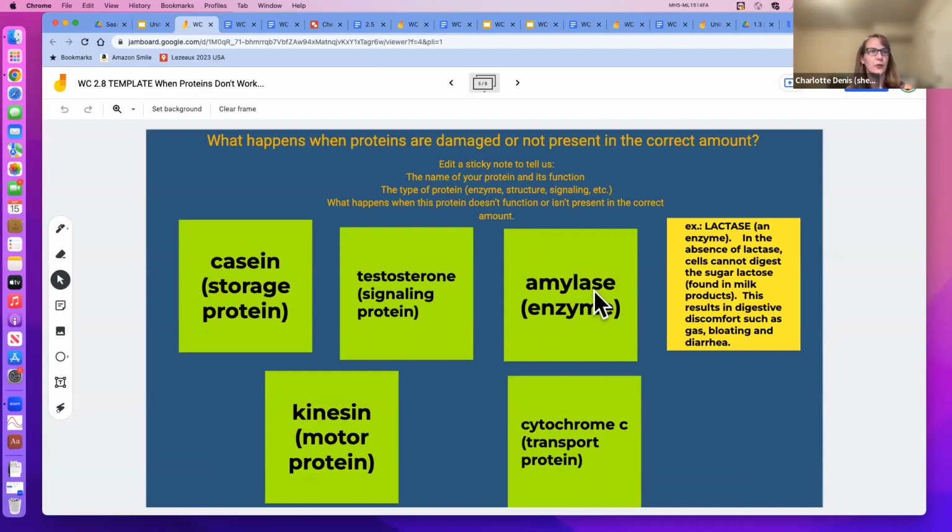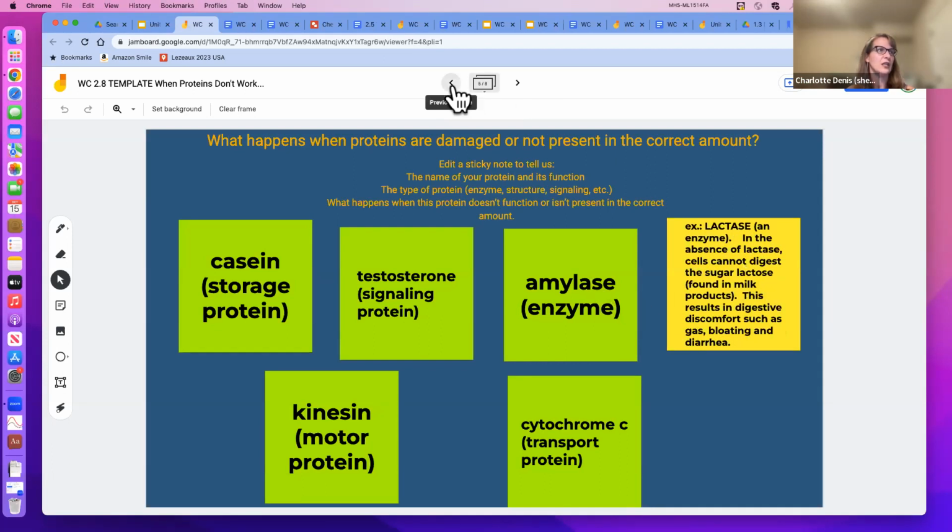So for example, with lactase, it's an enzyme, so that's the kind of protein it is. And then when there's no lactase or when lactase isn't functioning correctly, your cells can't digest lactose. And so in human beings, that presents as digestive discomfort when you ingest lactose, right? So lactose intolerance, that's the example they've heard of before.